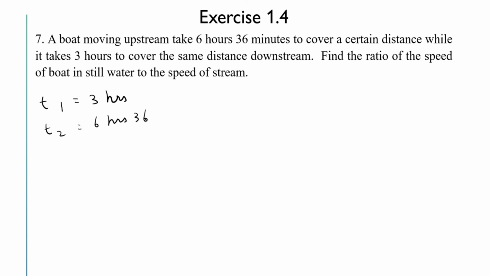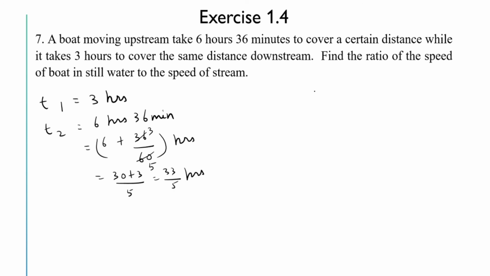Now let us convert 6 hours 36 minutes into hours, because everywhere we are using the unit hours. So it is 6 plus 36 by 60. Here it goes with 12, so here 3 and here 5. So this is equal to 30 plus 3 by 5, which is equal to 33 by 5 hours.